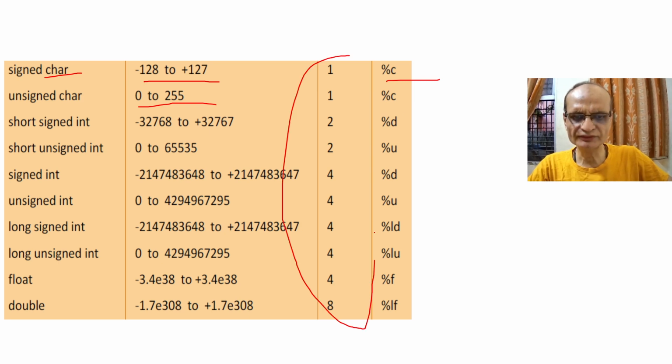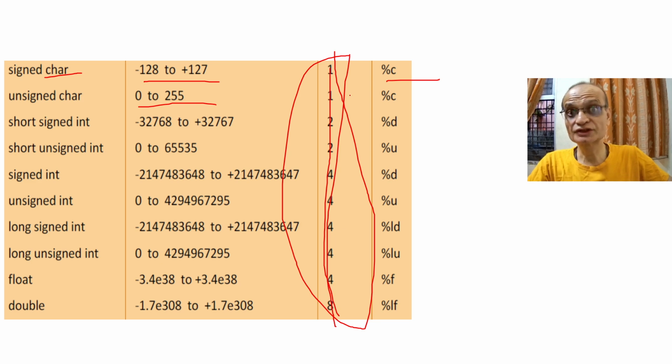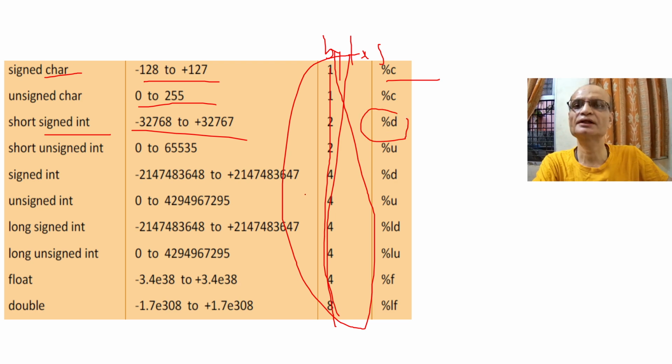This thing is specific to the particular compiler, so we did not really follow it, but you can check by using sizeof. Similarly for integer, by default you have a signed integer, from minus 32768 to plus 32767, and we use %d as the formatter, for both printf and scanf.